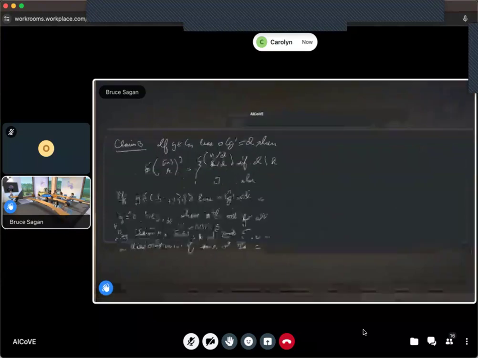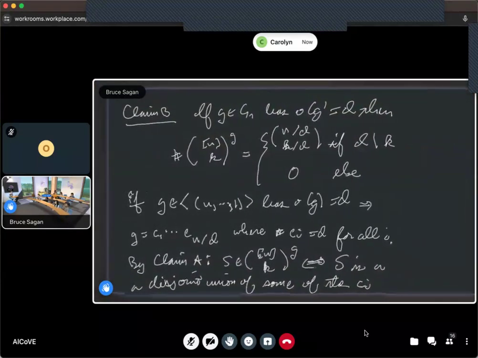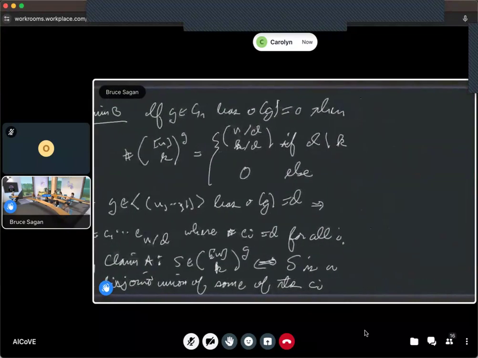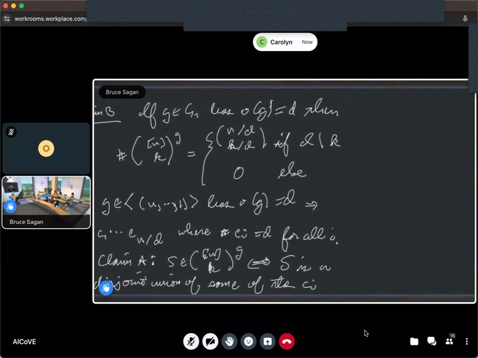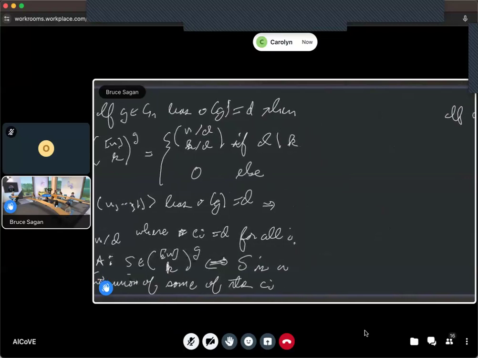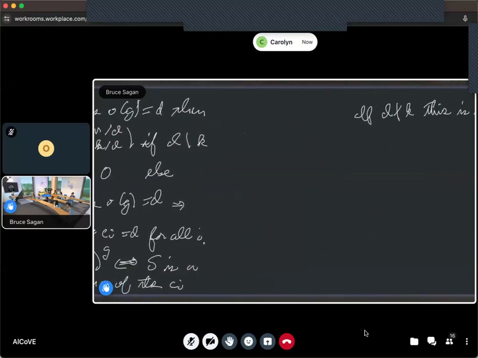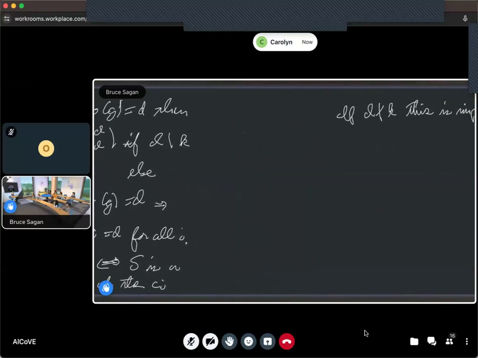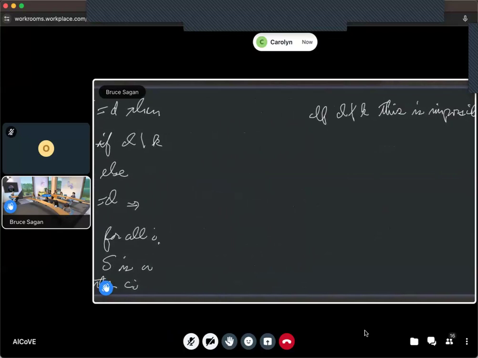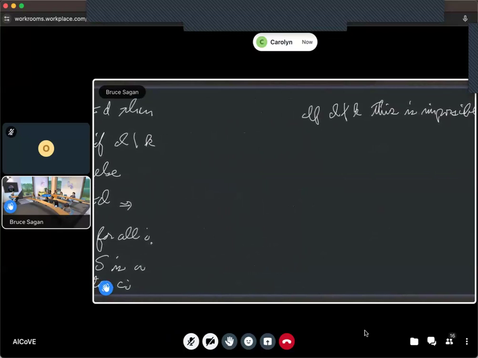So if D does not divide K, this is impossible, and the number of fixed points is clearly 0.